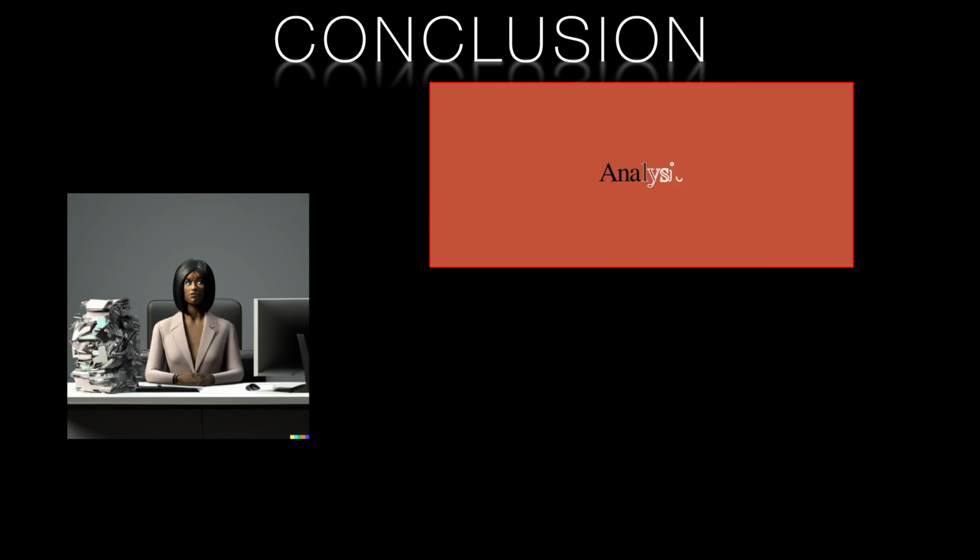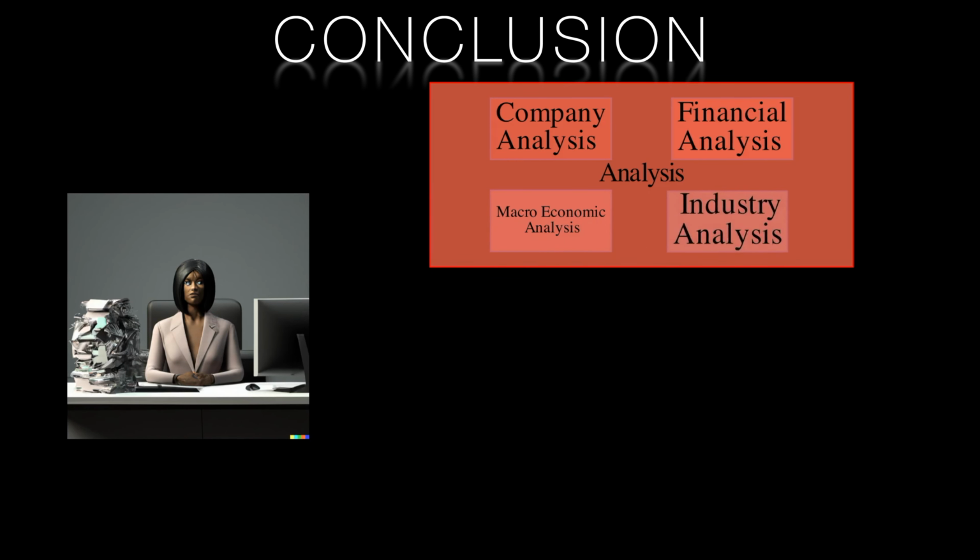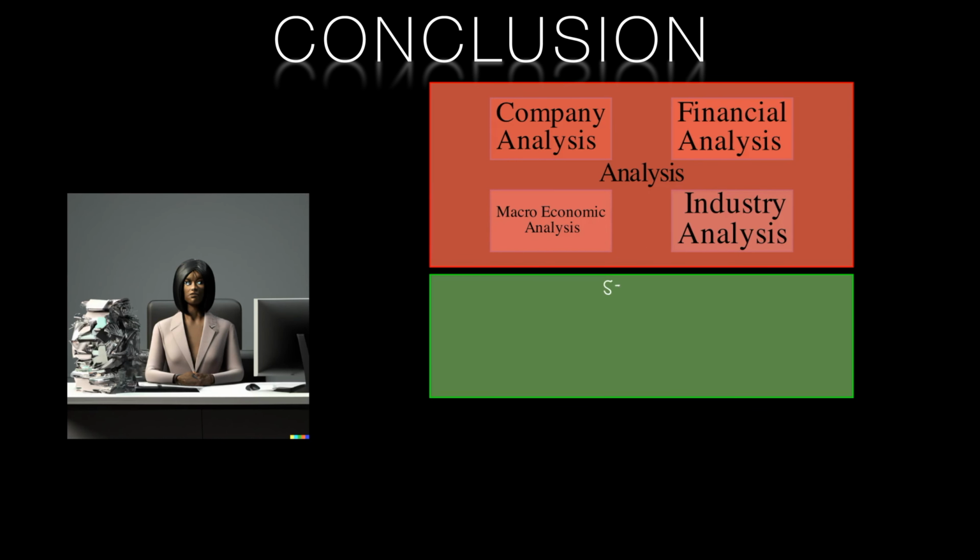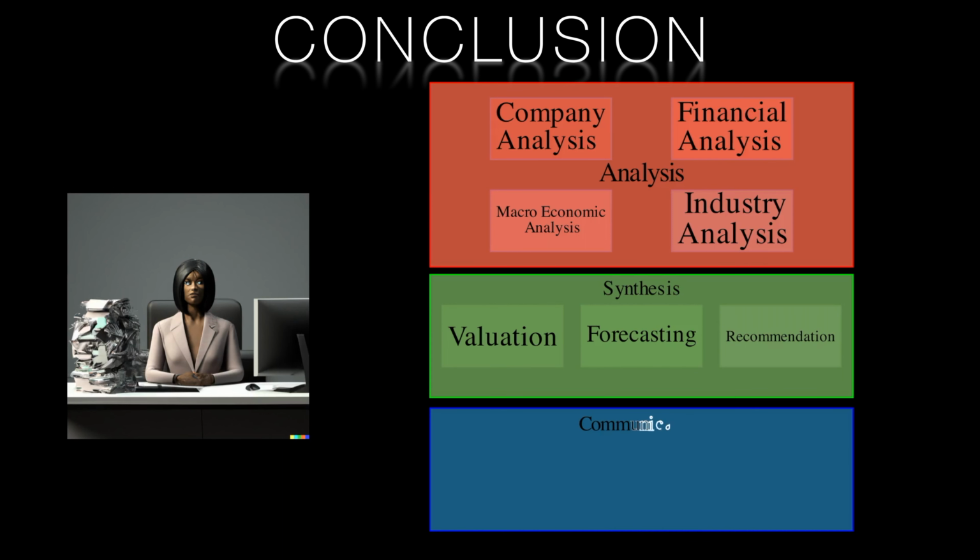In conclusion, LangChain is a powerful tool that can greatly enhance the efficiency of tasks that previously relied heavily on human effort. It can automate and assist in areas such as equity research, helping professionals focus on more strategic and creative aspects of their work.